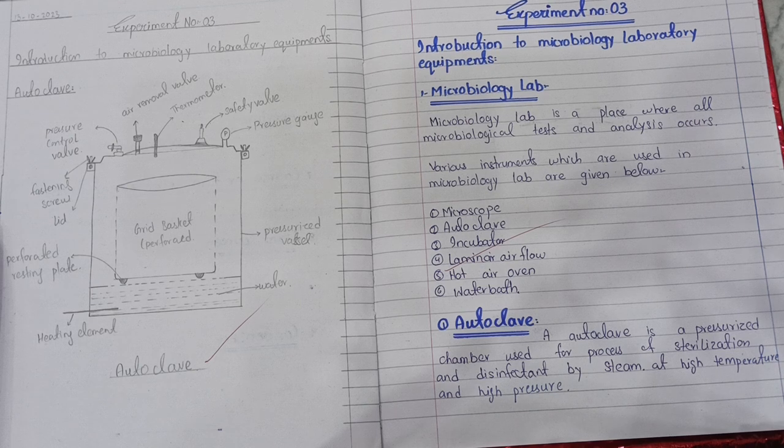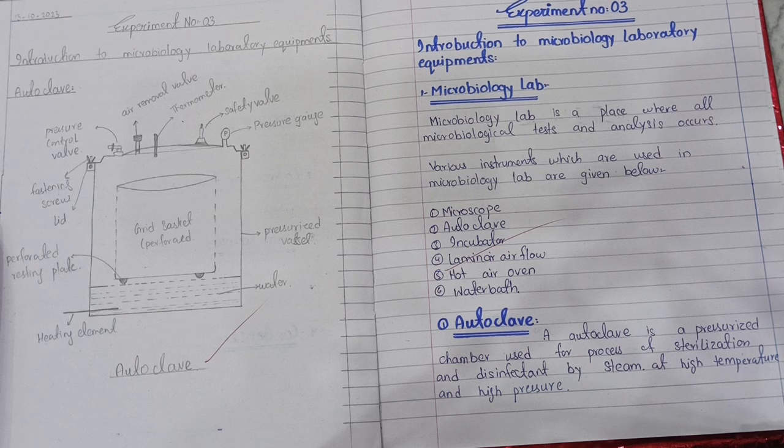As we discussed the laboratory equipments in the pharmacology first experiment, in that experiment we discussed all the instruments used in the lab of pharmacology. But in this experiment we are going to start the instruments that are used in the lab of microbiology.